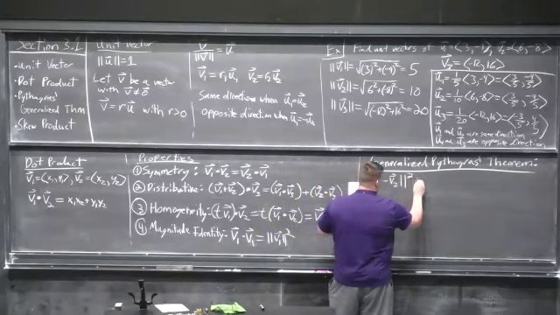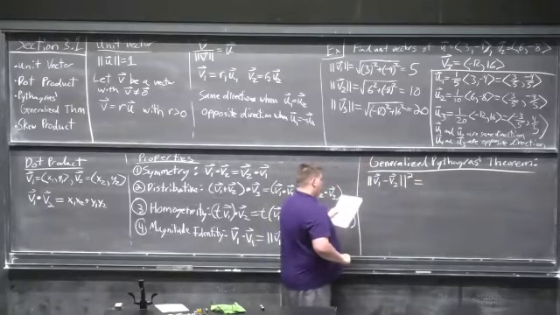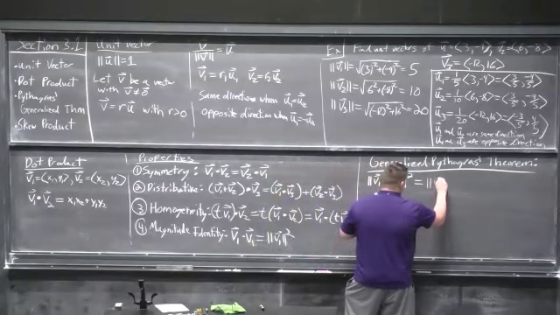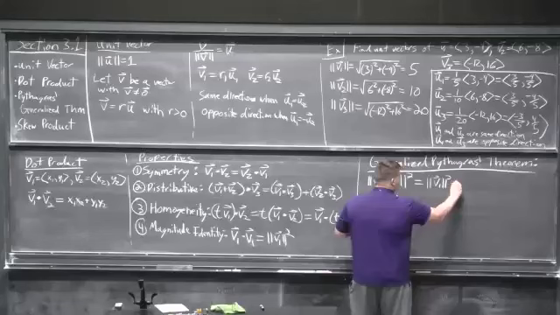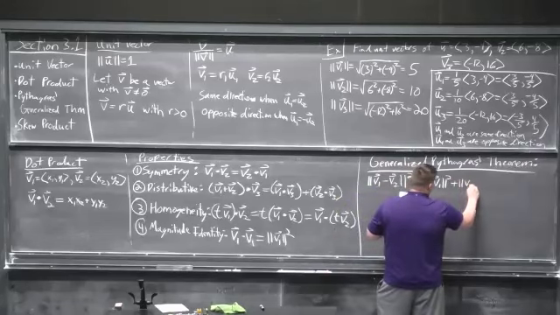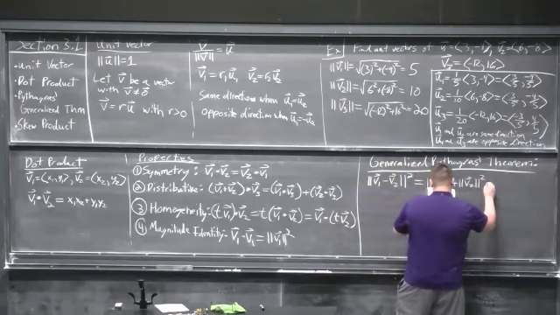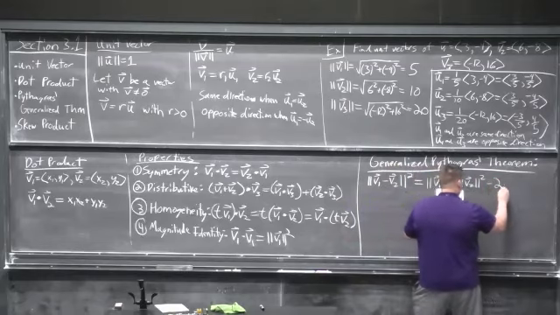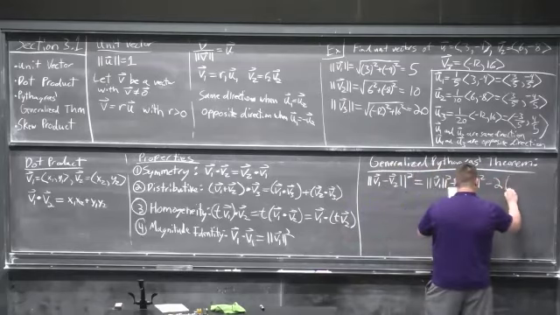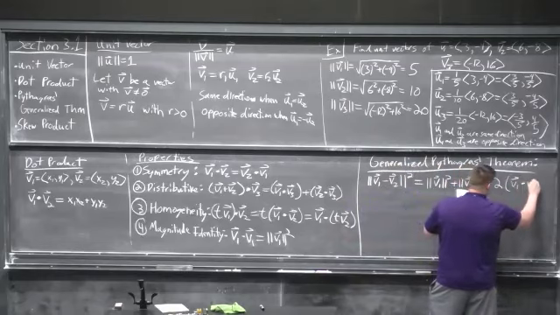We're going to square it. This is going to equal the magnitude of V1 squared plus the magnitude of V2 squared, and we're going to subtract 2 times the dot product V1 dot V2.